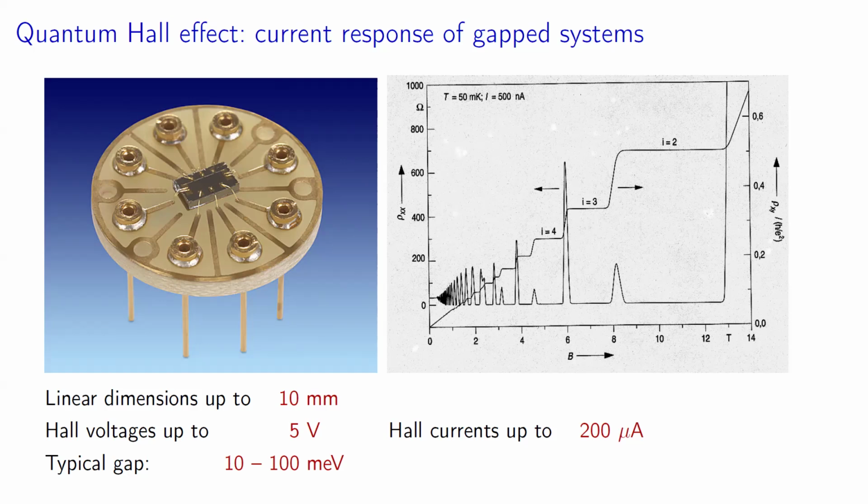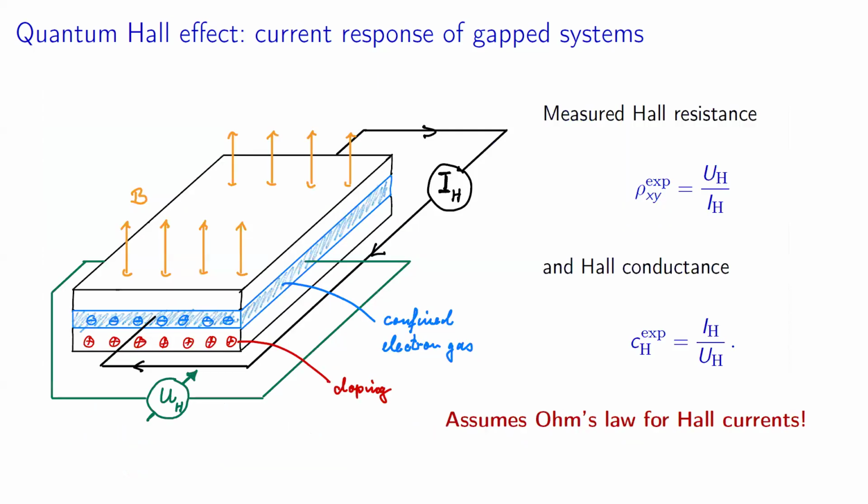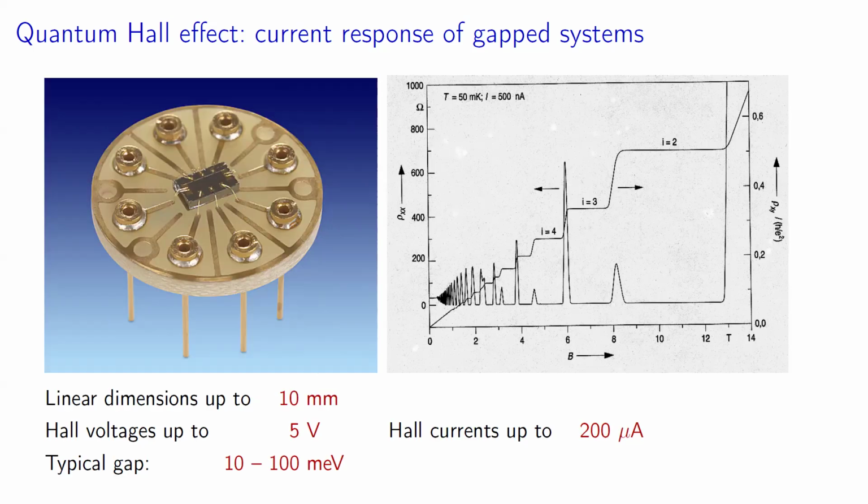And one other thing you see in this picture, which will not be so important for us, but just to explain the picture completely, is that if you measure the conductance or resistance in the direction of the current, so if you measure the voltage drop in the direction of the current, you find that within the plateaus, it's zero.